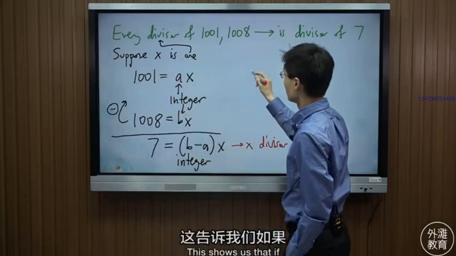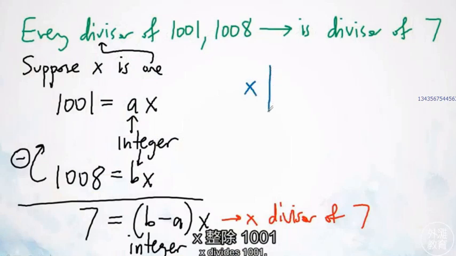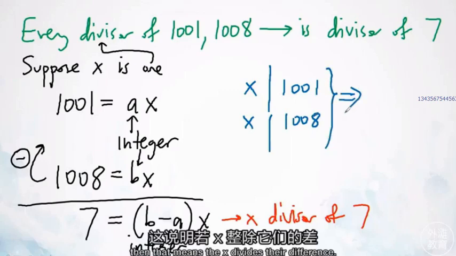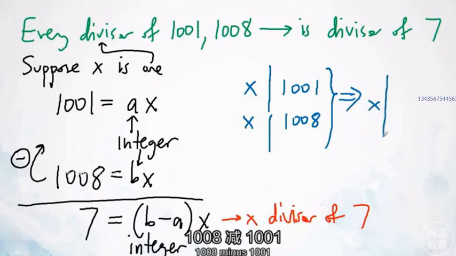This shows us that if x divides 1001 and if x divides 1008, then that means that x divides their difference, 1008 minus 1001, which is their difference of 7.